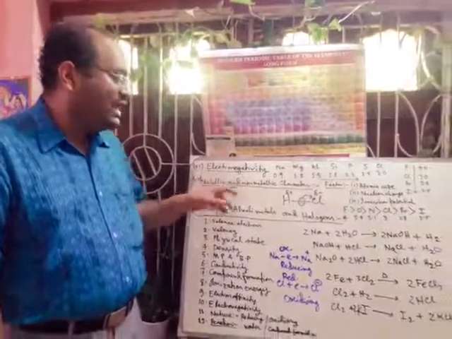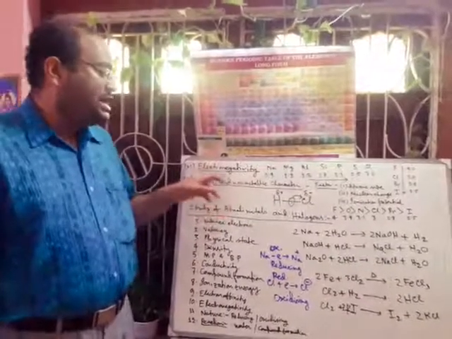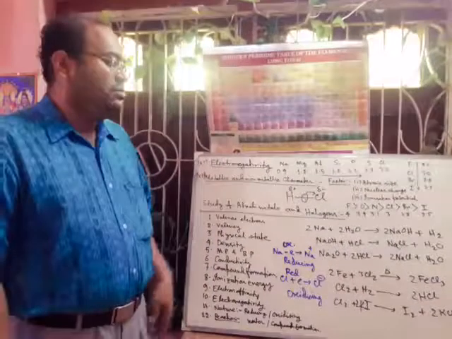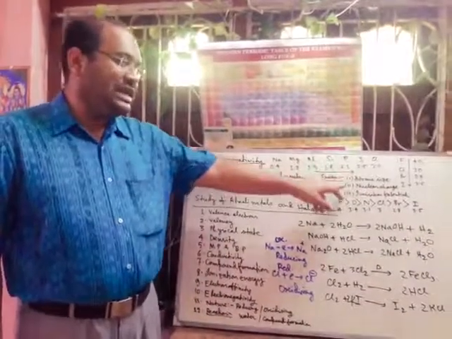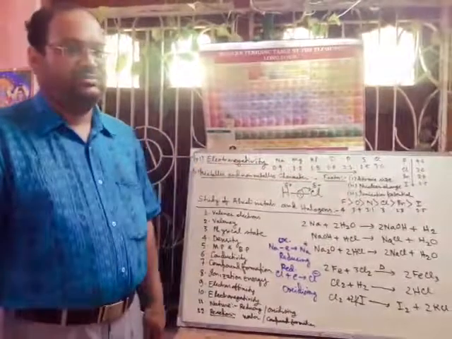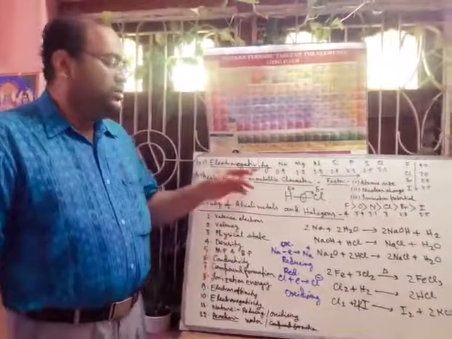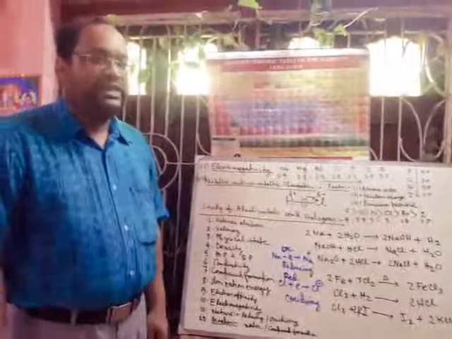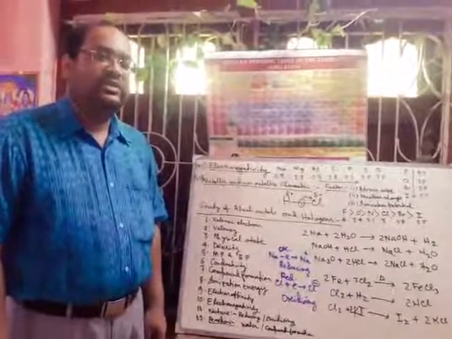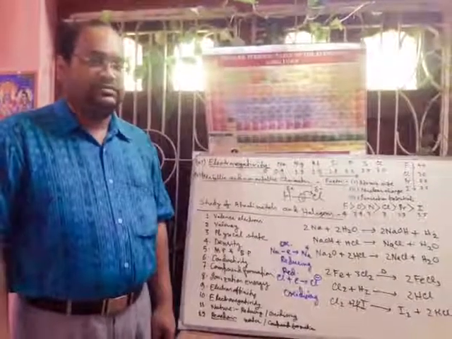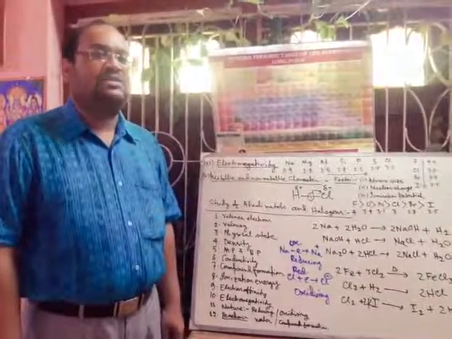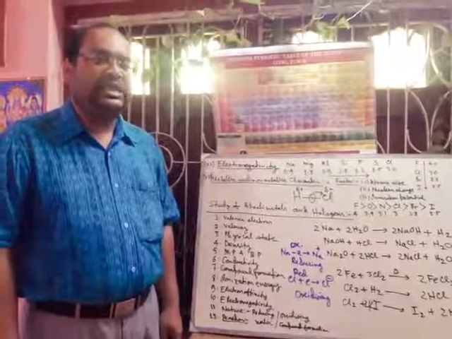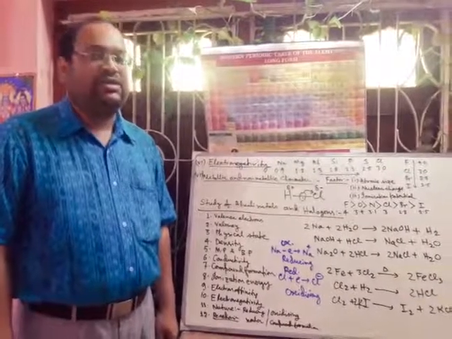Now, on which factors does this electronegativity depend? Mainly two factors. One is atomic size, another is nuclear charge. If we increase the atomic size, electronegativity decreases as the distance of the last electron from the nucleus increases, and it will feel less attraction to the nucleus.